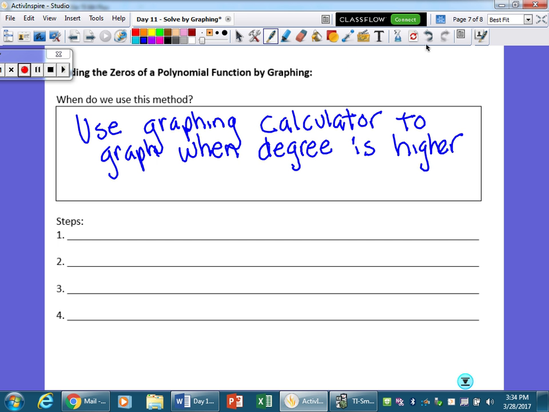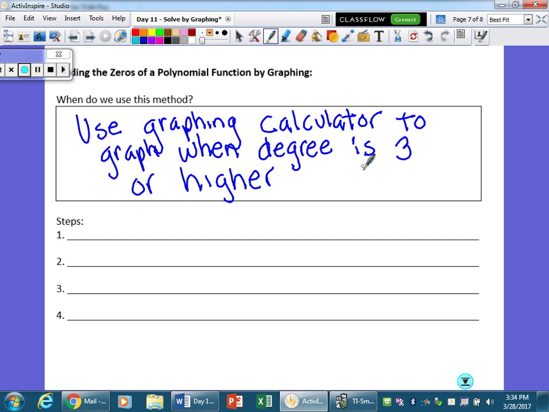Oh, I'm sorry, let's back up. The reason these are going to look different is because the graphs are going to look different. That's why I have different parts.